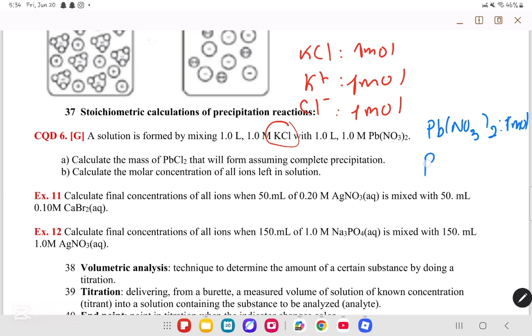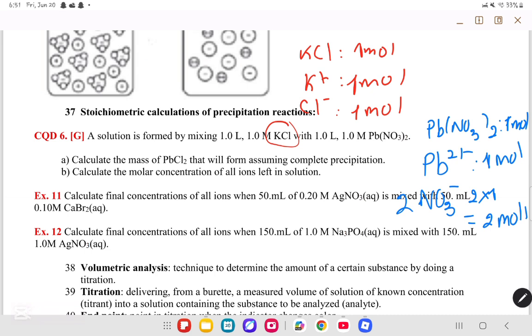Now separate into the ions, Pb2 plus and, to balance, 2 NO3 minus. If 1 Pb(NO3)2 is 1 mole, then 1 Pb2 plus is 1 mole, and 2 NO3 minus is 2 times 1, which is 2 moles.